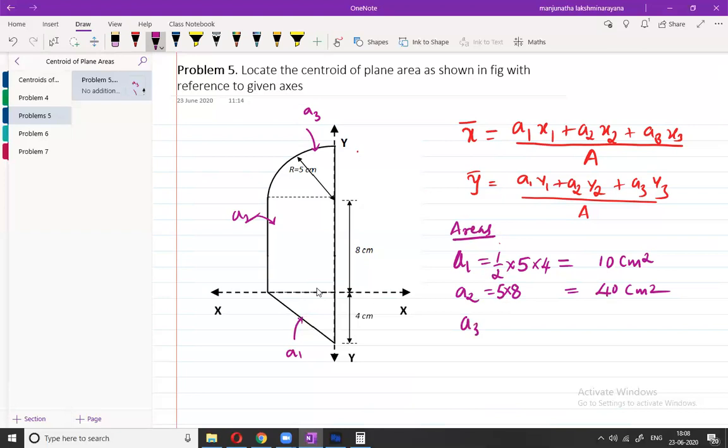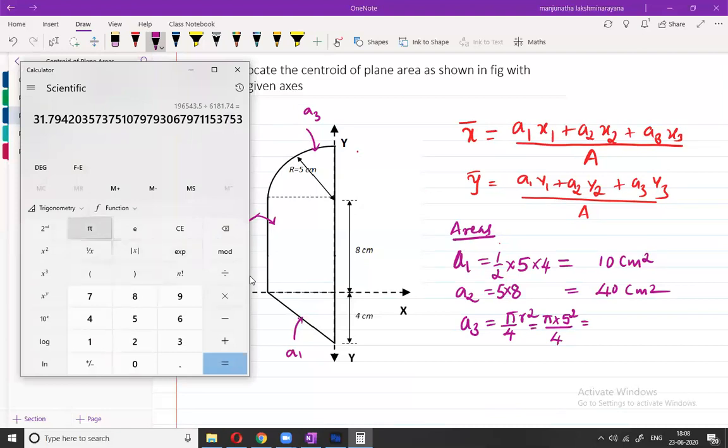Next, A3 is a quarter circle. So it is given by 1/4 of pi r square, or pi r square divided by 4, is the quarter circle area. We know r is 5.